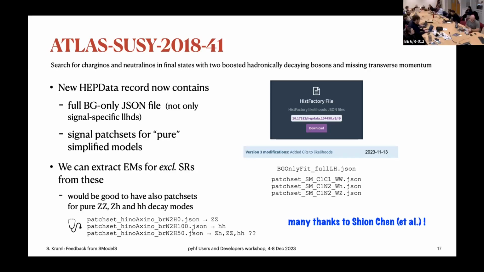Okay, I thought by the phrase in there you were referring to a technical issue with extracting the information out of the patch set, because we do have patch sets where different kinds of simplified models are put into the same patch set. We're talking more about the physics, where the underlying signal being put in there you cannot separate out, because it's reduced before it even goes in the patch set. Right. Okay.